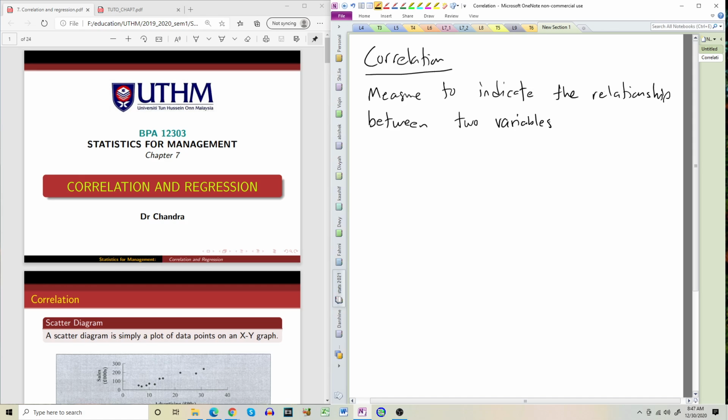In this syllabus we take only two variables. Okay, so it's a measure, it's a number. We're going to calculate a number.